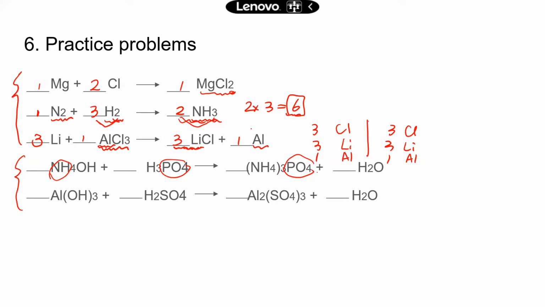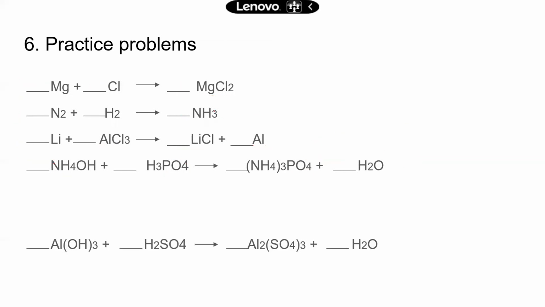All right, you can see that I tend to go back and forth, right? So I will try to balance the one that has the highest number first, and then you can go between the product side and the reactant side. It doesn't matter which side you go first, but usually you go whichever side you see the highest number after each adjustment.